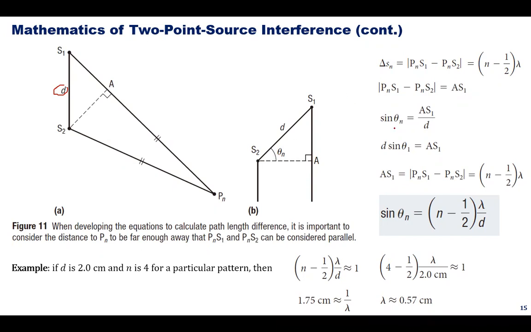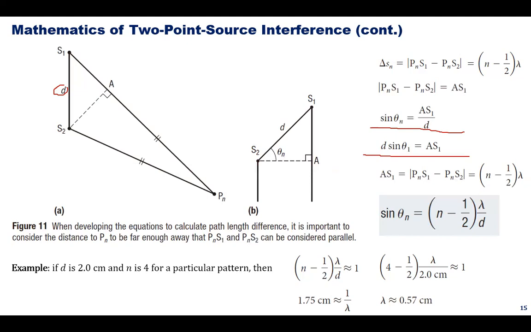We have sine theta n equals ΔS1 over d, right? This is according to the definition of the trigonometric ratio. Sine theta n equals ΔS1 over d. So we can rearrange this equation to d sine theta n equals ΔS1.